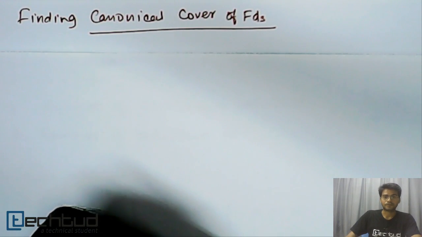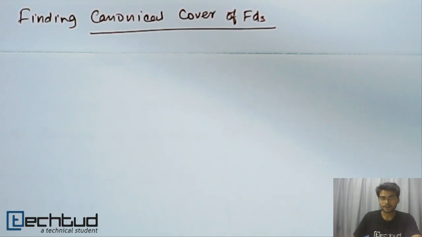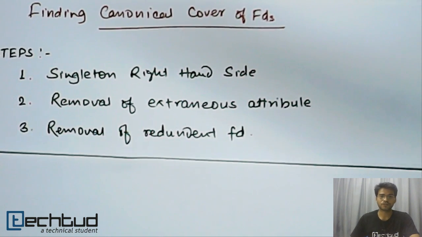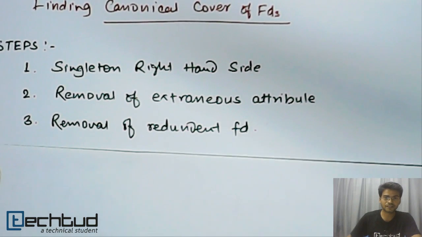First of all, we will revise the steps here. What are the steps to find canonical cover? There are only 3 steps, but all these 3 steps have to be followed one by one to make the task easy. The first step is to find out whether there is a singleton right hand side. What is singleton right hand side?